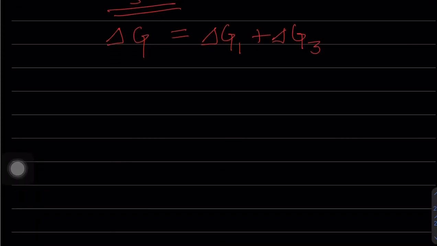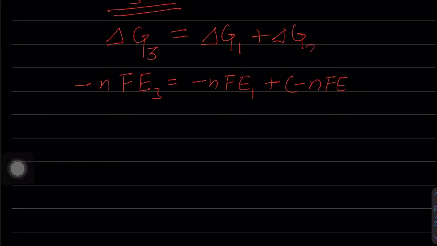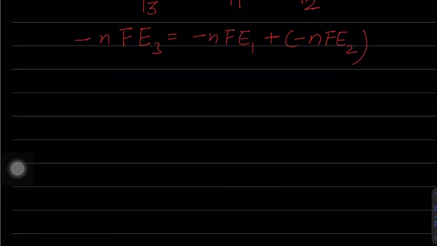So delta G3 equals minus N3 F E3, equals minus N1 F E1 plus minus N2 F E2. We will cancel the minus signs, but not N, because the N values are different, so we'll write N3, N1 and N2.